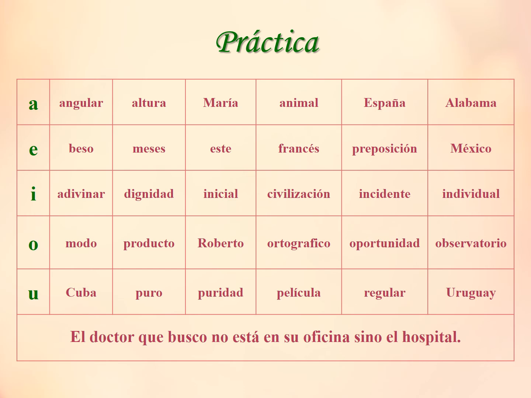After me, angular. And going across, altura. Make sure the beginning A and the last A are identical, altura. The next one after me, María. Again, both of those A's identical. We don't want any variation. One more time, María. And the next one, animal.